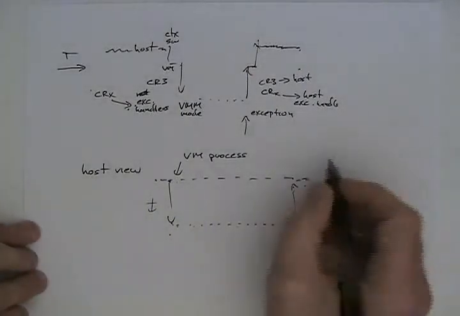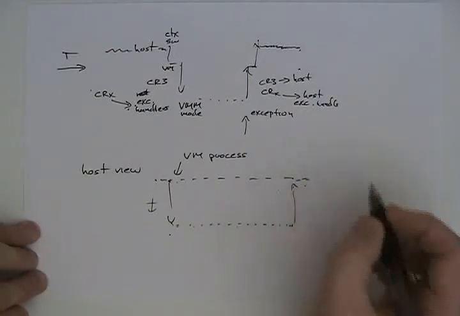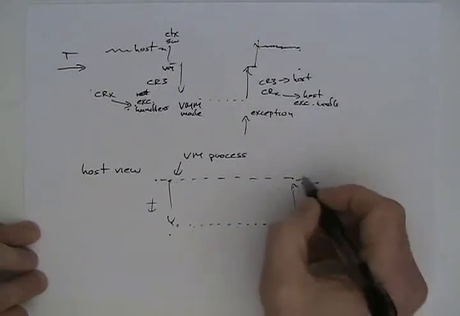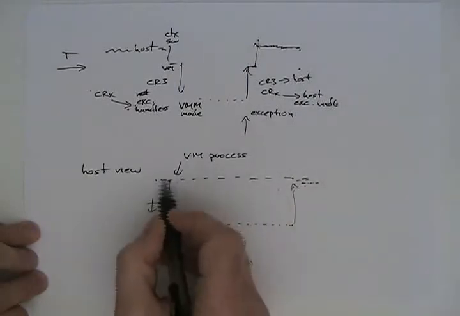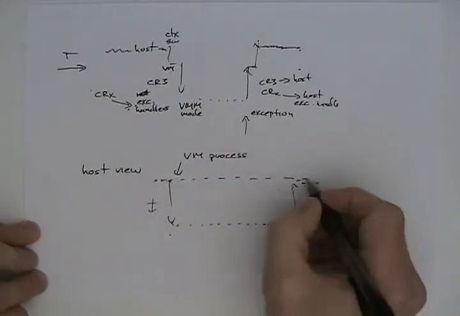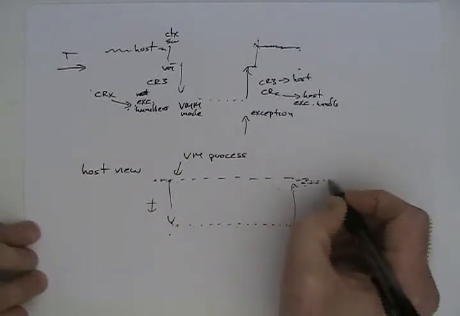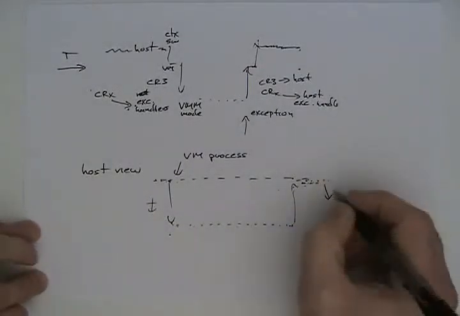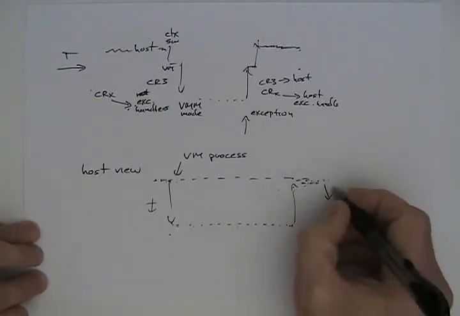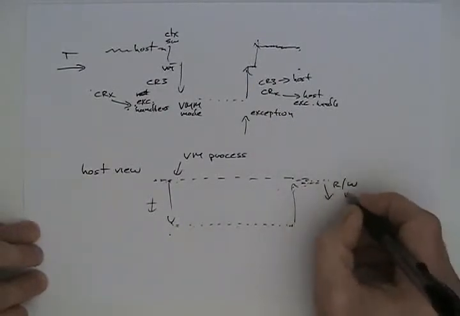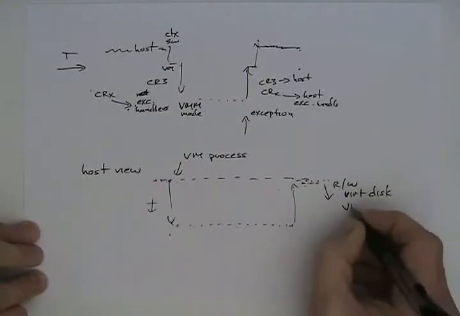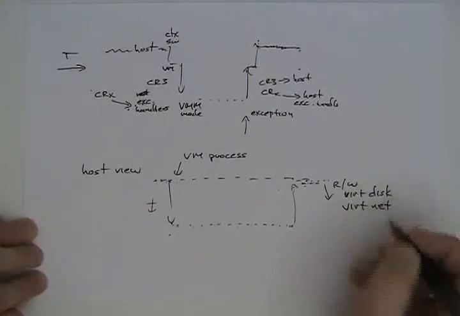And then typically we'll also have something. This process won't just be a dummy process. It'll also have the mechanism in it to read and write our virtual disk and our virtual network.